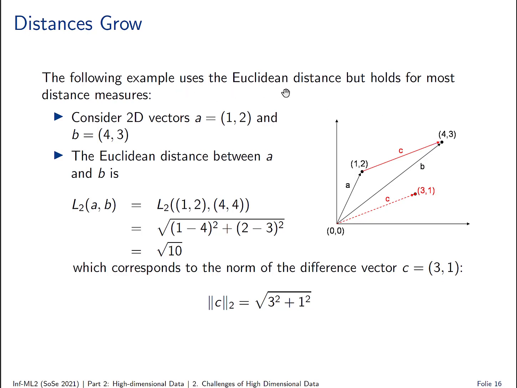So we just use the Euclidean distance, which is used very often, and we have these two-dimensional vectors: (1, 2), which is A here, and B, (4, 3) here.